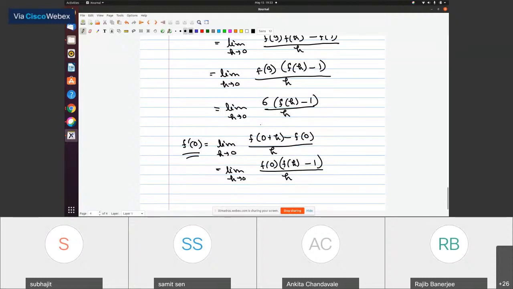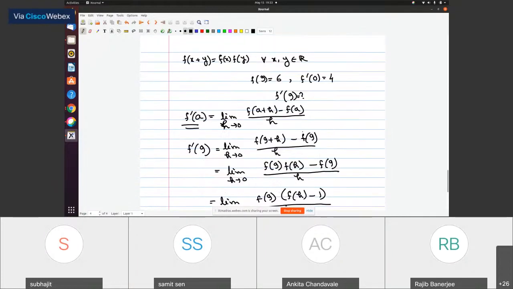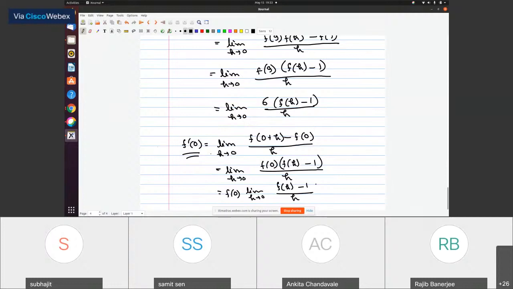You have to just substitute this f0. These things are constant, right? So f dash 0, you know, f dash 0 is 4. That is given, right?